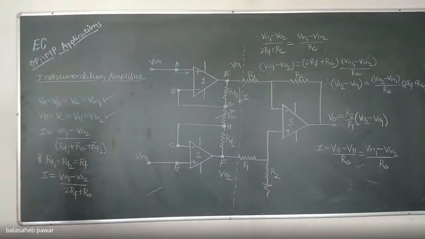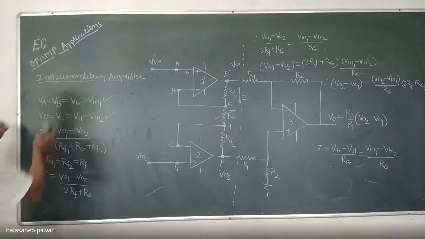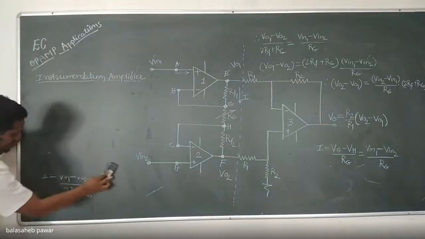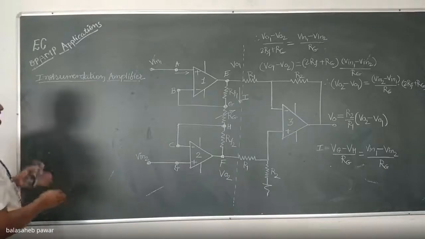Now put this VO2 minus VO1 over here so that you will get the equation for output voltage.